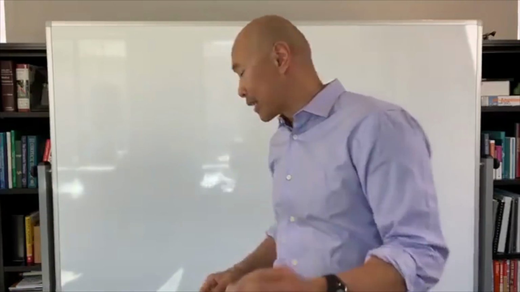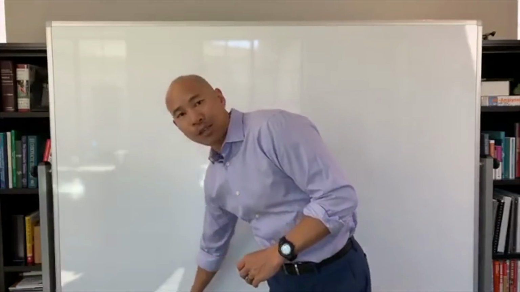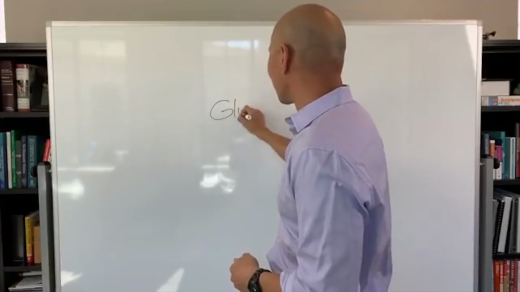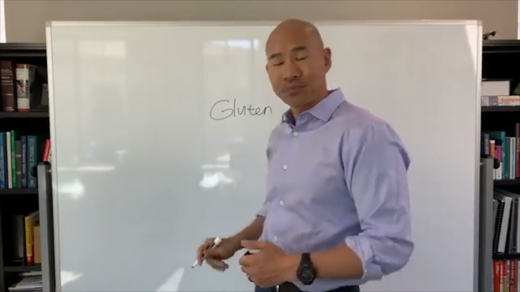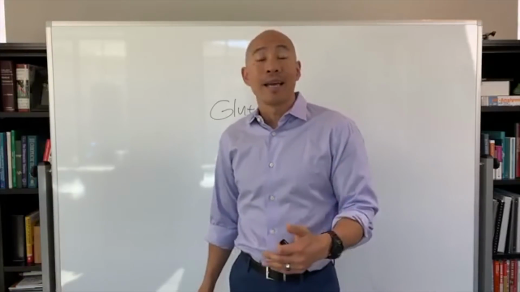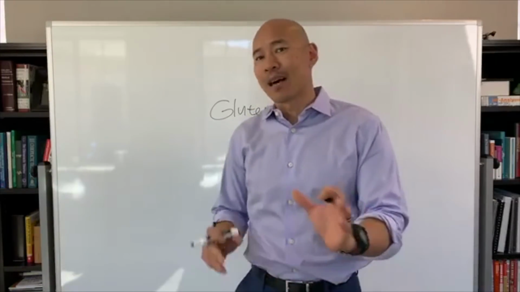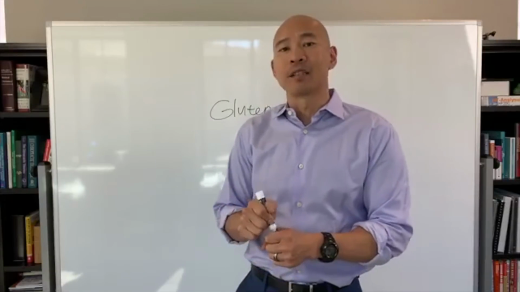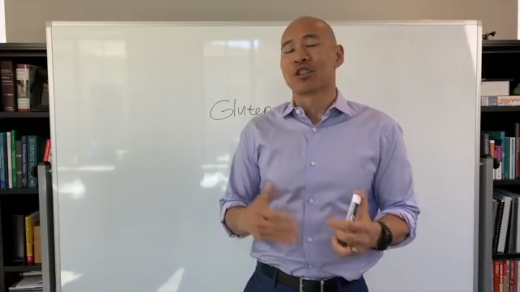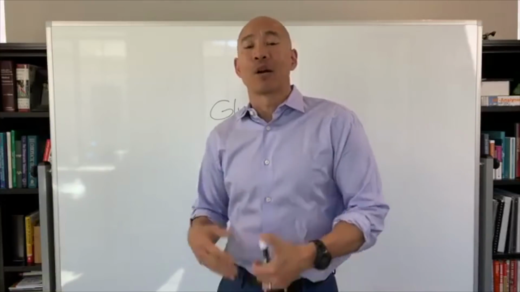So let's talk about gluten and its diverse neurological manifestations. Let's start with gluten. Now gluten, in case you're not familiar, is a protein found in wheat, barley, rye, and oats. A lot of people ask me about oats, which are natively gluten-free, but the way they're stored and processed in the United States is in facilities that also process gluten, so there's a lot of cross-contamination.